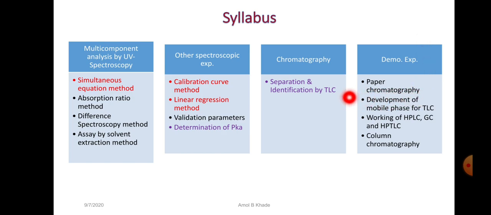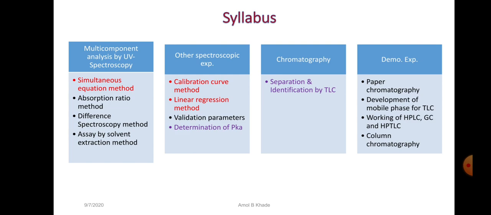Then we have some demonstration experiments in the fourth section, that is paper chromatography, which we are already familiar with. We will be demonstrating the separation of amino acids using paper chromatography. We will also be demonstrating how we can develop the solvent system or the mobile phase for a particular TLC. Usually in paper chromatography or TLC, the solvent system or the ratio is given to us, but how to find the appropriate solvent system, how to develop it if it is not given, that we will be discussing in detail.